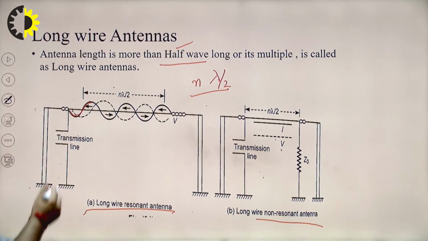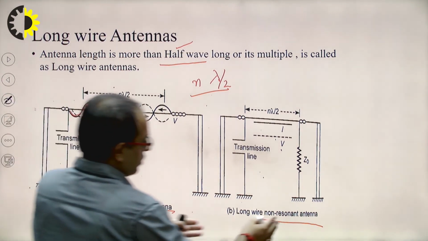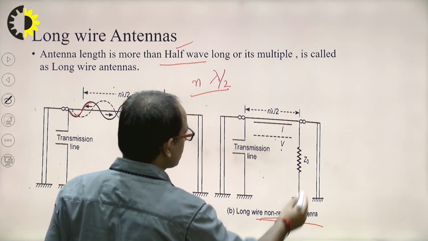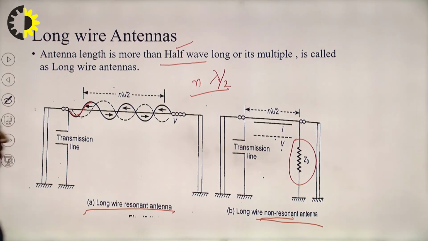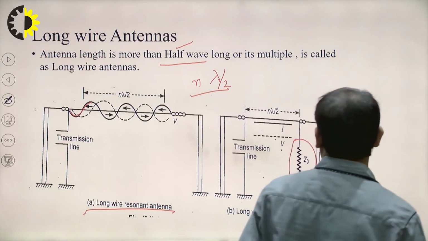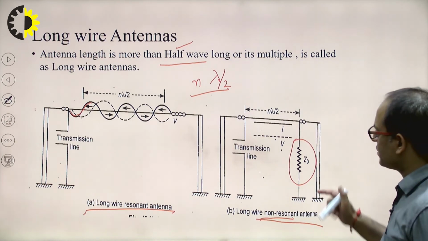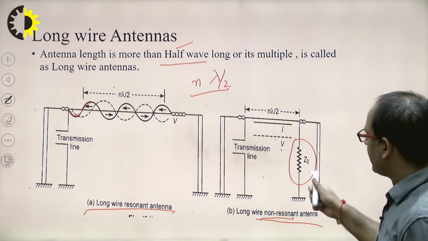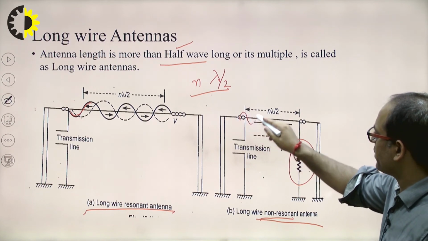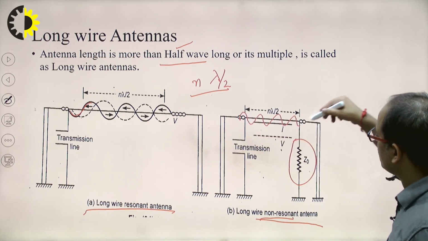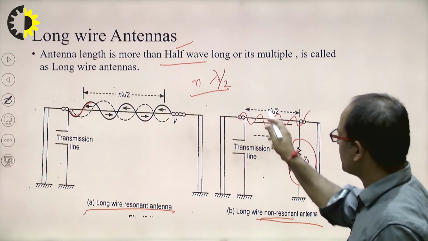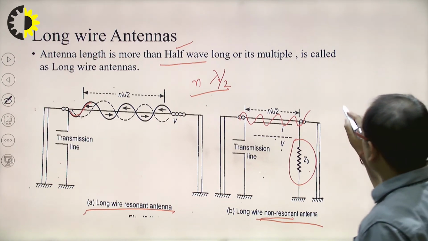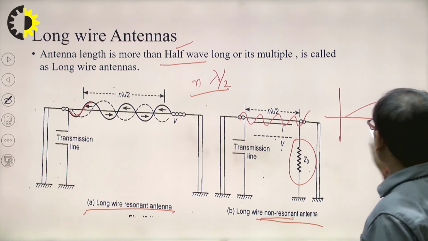You see this one. Observe that in the non-resonant antennas there is a terminal impedance, and in the resonant antennas there is no terminal impedance. So when there is a terminal impedance, there will be no existence of standing waves, and the whole power supplied will get radiated into the space. It means there will be no reflection from the space, and the radiation pattern will be unidirectional.